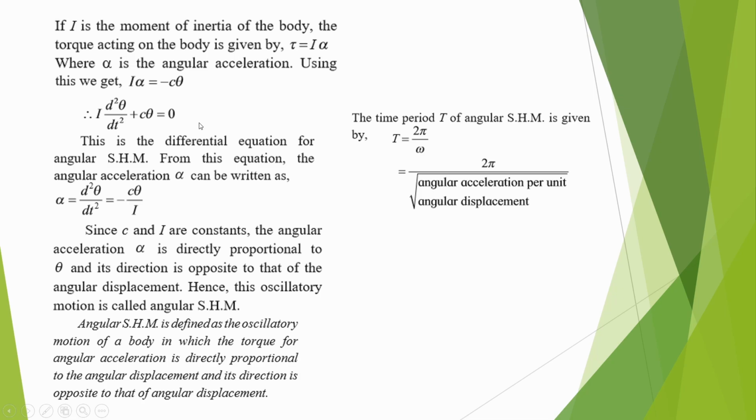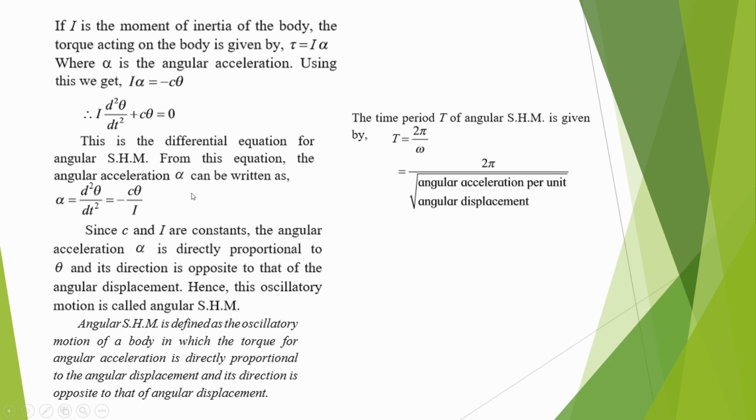We also know the differential equation for linear SHM. What is that differential equation? That is m d²x/dt² + kx = 0, and both equations are similar.